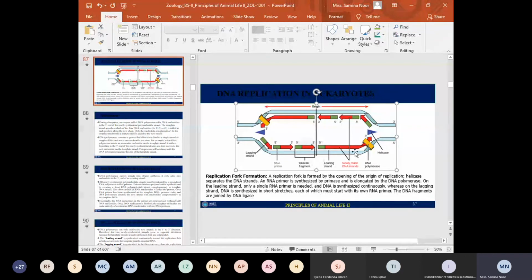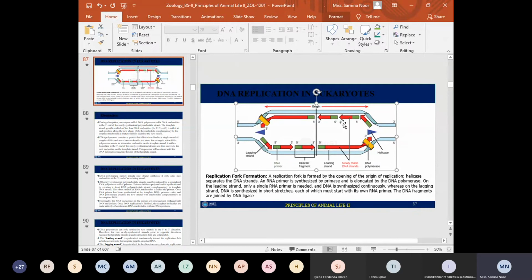Only a single primer is involved in the formation of the leading strand, and the direction of the leading strand is towards the fork. This is the fork, which is a Y-shaped structure. So the synthesis of the new DNA strand is towards the fork.